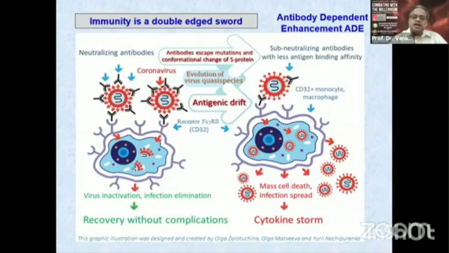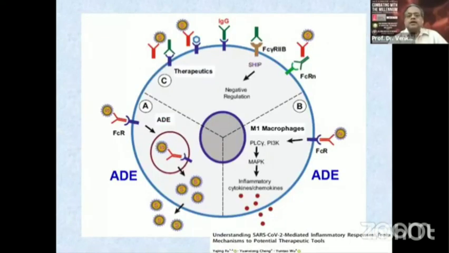A similar phenomenon has been observed in some of the other coronaviruses. We don't have evidence about SARS-CoV-2, whether this phenomenon occurs or doesn't occur. We are hoping that it does not occur and we get good neutralizing antibodies. So, in a number of therapies which we are doing, that means hoping for a vaccine, giving plasma, or if the patient himself develops antibodies after exposure to this virus, we are hoping that it causes neutralization of the virus.